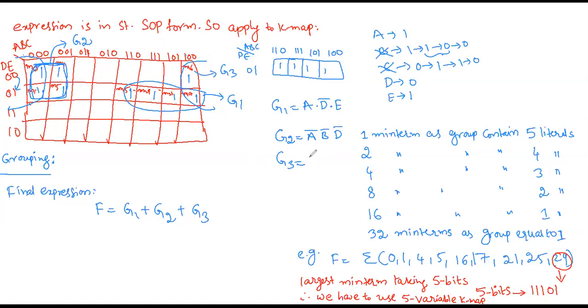B value 0, 0, so B bar. C value 0, 0, so C bar. D value is 0, it is not changing, D bar. E value is changing, so don't write. So the final expression F is equal to A D bar E.